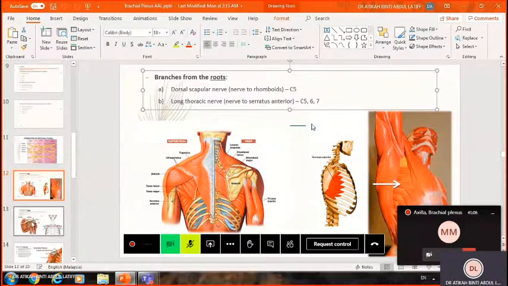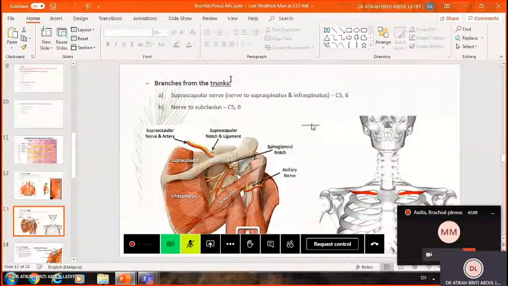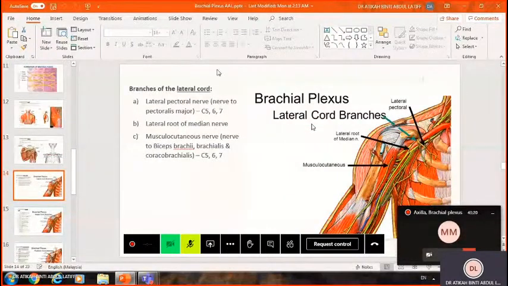Okay, so from the trunks, you have suprascapular nerve and nerve to subclavius. And from the lateral cord, there are three main nerves: the lateral pectoral nerve, the lateral root of the median nerve, and also the musculocutaneous nerve.